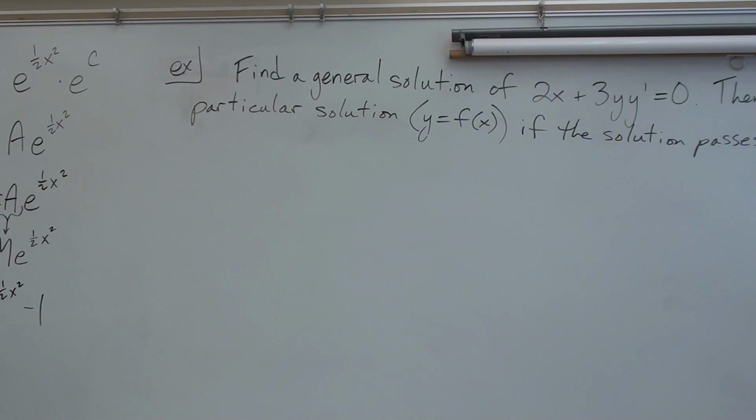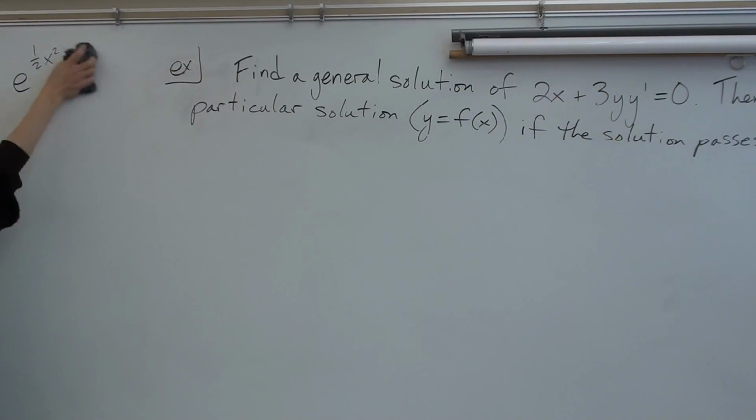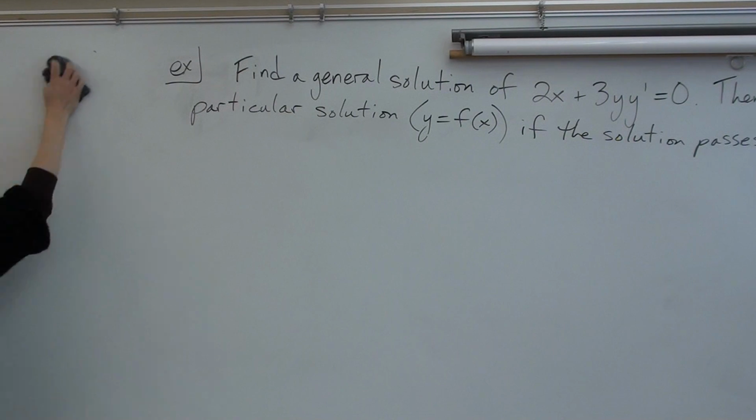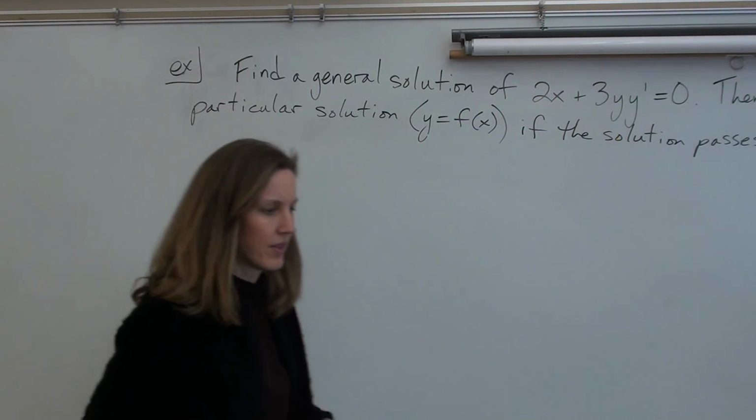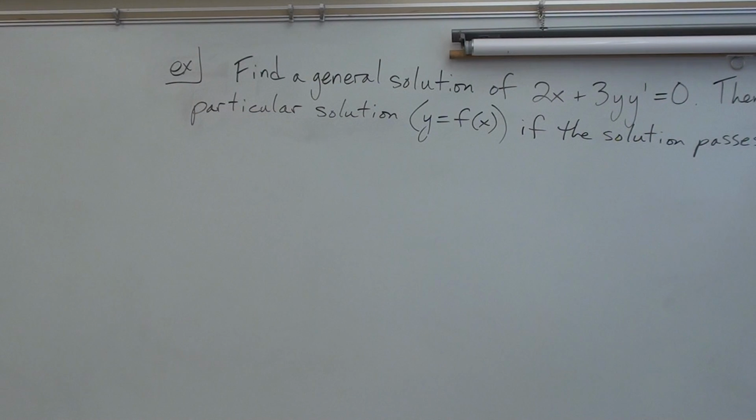The very, very, very first thing that you would want to do to find the solution is change y prime to dy/dx. The first thing you'd want to do is change that y prime to a dy/dx, otherwise you can't separate your variables. All right, everyone done writing? Do you need another second? No? Okay. So here's what we have.